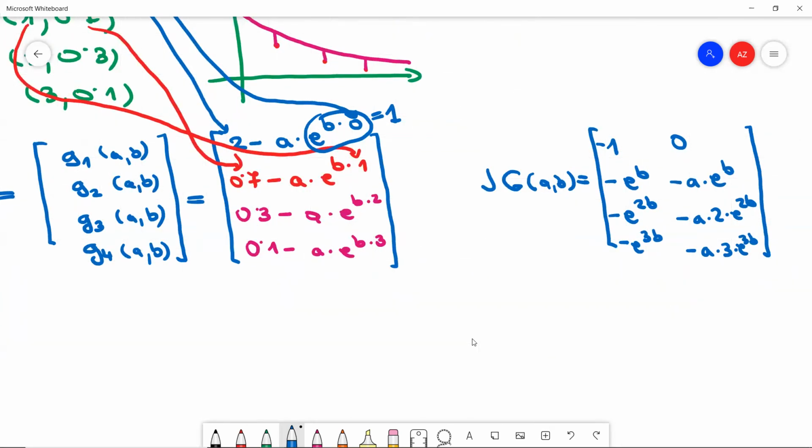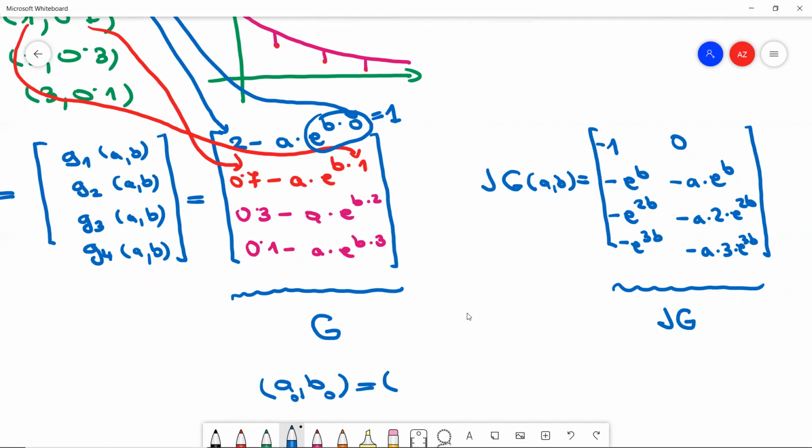So this is my G, and this is my Jacobian. And I can run the Gauss-Newton method with some initial approximate A, B. If I don't know anything about A and B, I can just say, okay, let's say that the initial approximate is 1, 1.